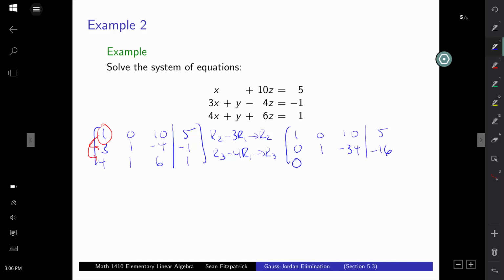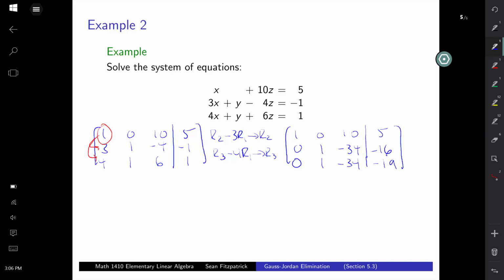Alright, then 0, 1. 6 subtract 40. Uh-oh, that's another minus 34. And 4 times 5, that's 20. So 1 minus 20, I get minus 19. Okay. Let's double check. Did I make any mistakes? I don't think I made any mistakes. Minus 1, yep, I think we're good.